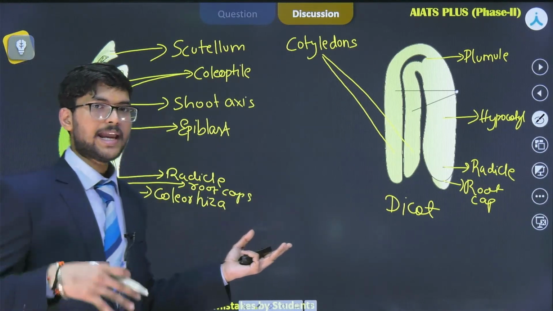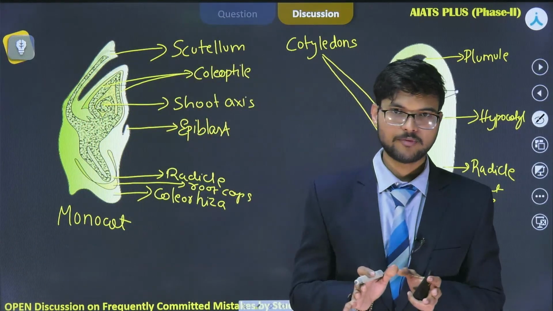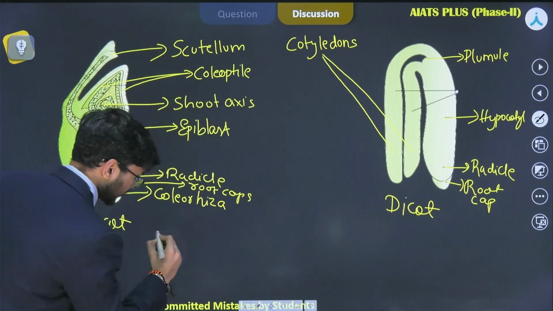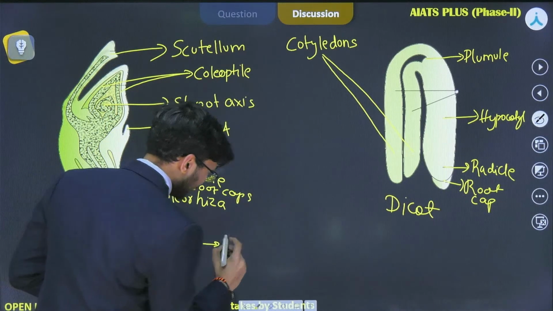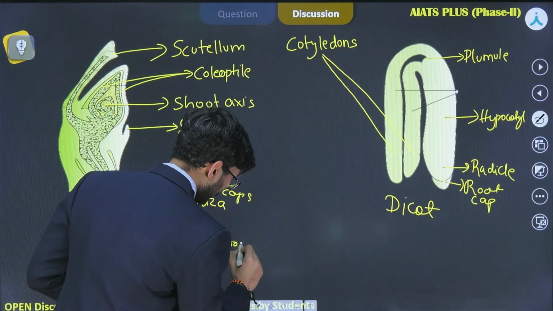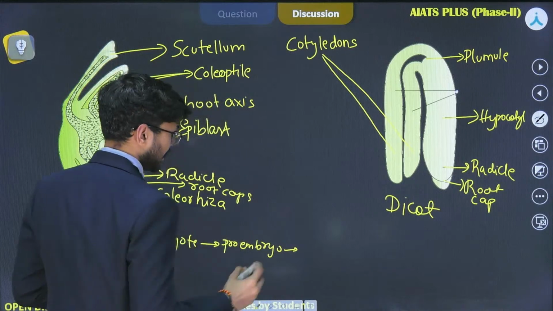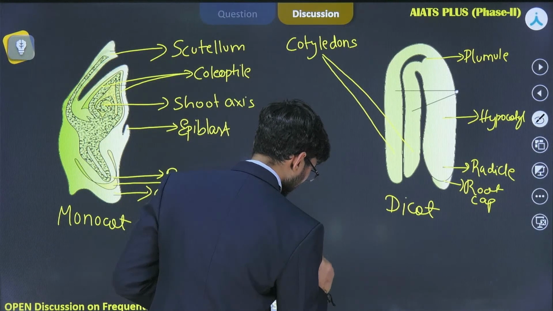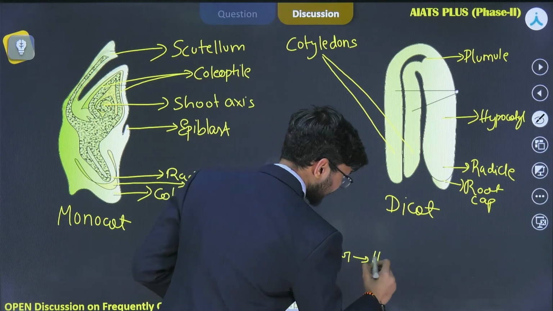When you talk about the embryogeny of dicots and monocots, there is certain similarity in the process of embryogeny. Okay, so in the process the zygote will develop into proembryo. Okay, and then the proembryo will develop into globular embryo, and then heart shape.